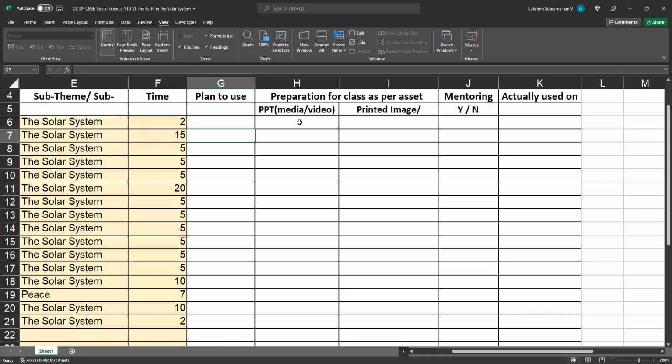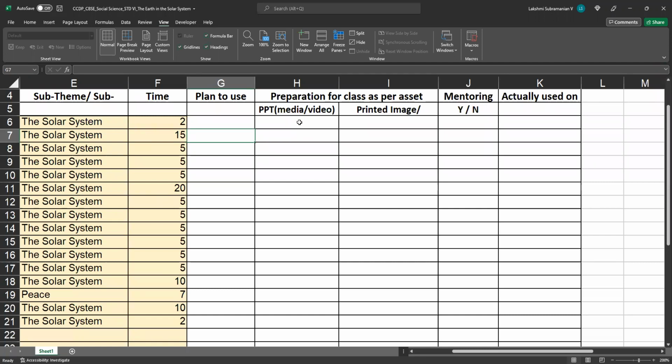Then the other one is a printed image. In some cases, especially like the solar system, a school may have a big size chart which depicts all the planets and their relative sizes to the sun, and the distances and their elliptical paths and things like that, right?